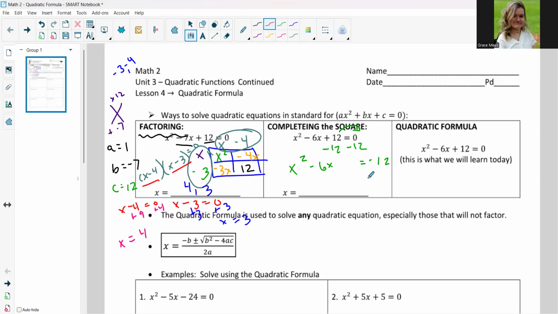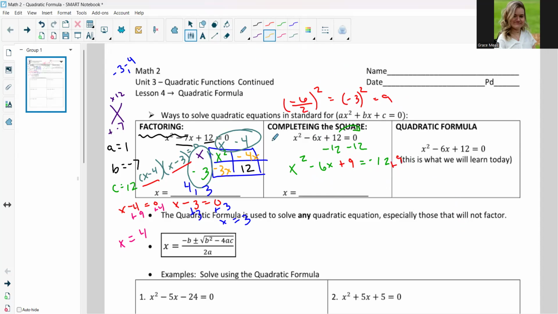Then I take my b term, which is -6, divided by 2, and then square it. So that would be -3 squared equals 9. And then I add 9 to both sides.